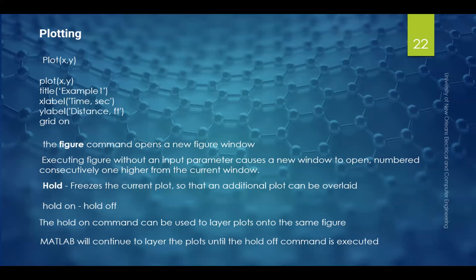Also, one thing to remember is that as you type commands into MATLAB, you notice that the text color changes to red when you enter a single quote. This is important because you're going to be using single quotes a lot. This tells you that you are starting a string, okay? So it turns red. The color is going to change to purple when you type the final single quote, and that's going to indicate you have completed the string. So if you pay attention to these visual aids, it's going to help you avoid coding mistakes.